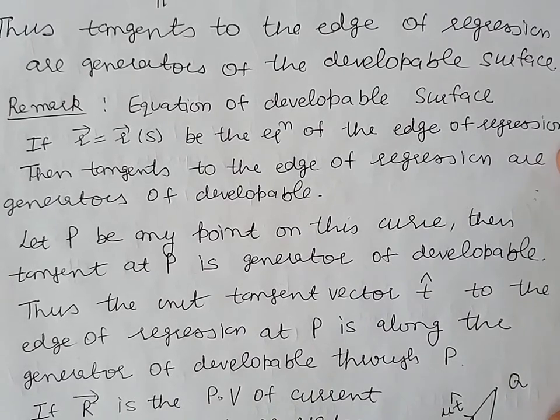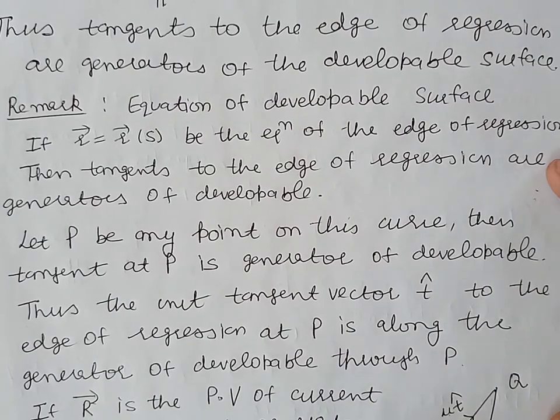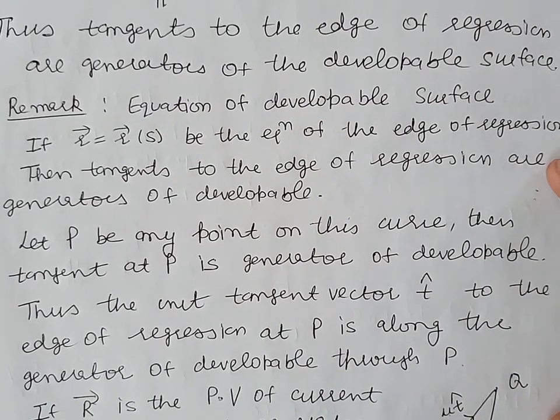Next, we find the equation of the developable surface by using the above property as we discussed. We already discussed that the tangents to the edge of regression are generators of the developable surface.